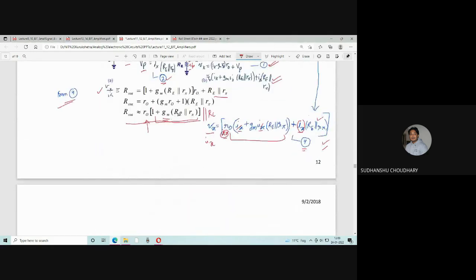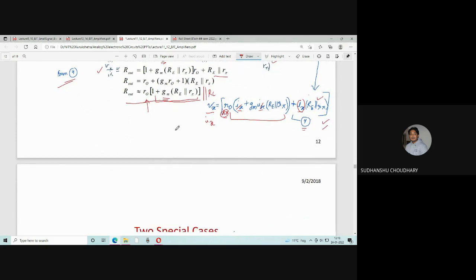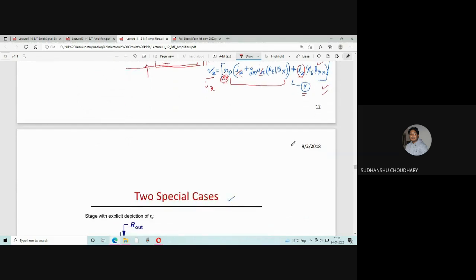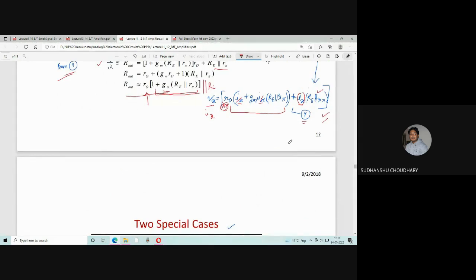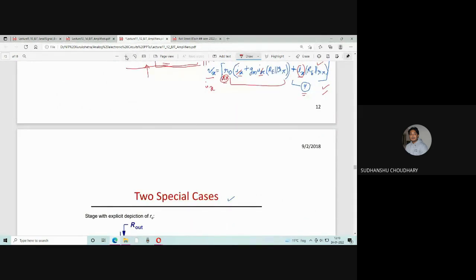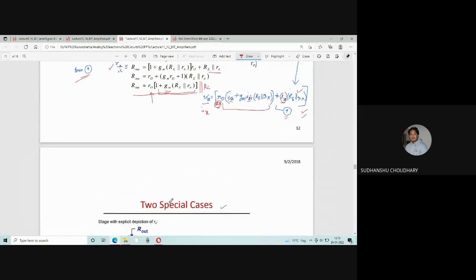Okay. Now the same output impedance I can write here. Let me write this output impedance in the next slide, because we want to use it further to comment on the output impedance. I'll write R out as R naught multiplied by 1 plus Gm Re parallel to R pi.